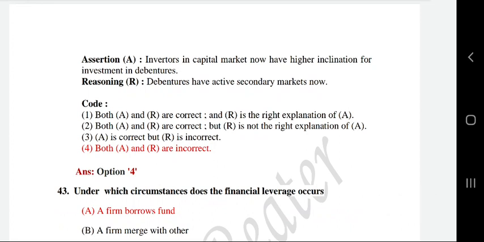Some codes are given and option 4 is the correct one. Both A and R are incorrect. That means assertion and reasoning both are incorrect.